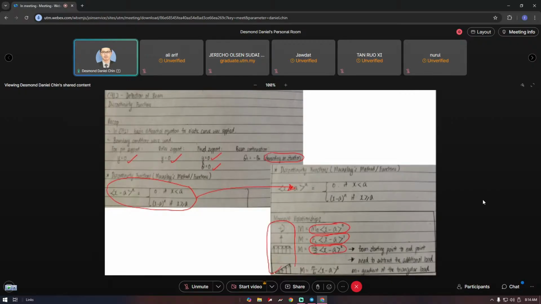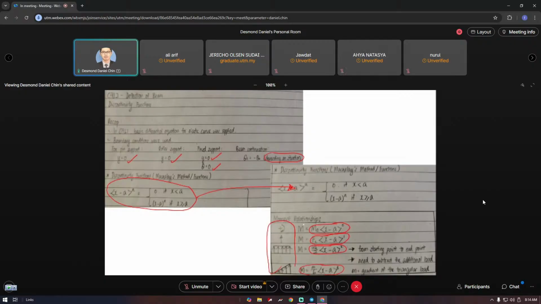And lastly, if the triangular loading is pointing upward, this is the equation. You must remember: for the Macaulay method, it is the opposite direction from what we have learned so far, whereby clockwise is considered positive and upward loading is considered positive.